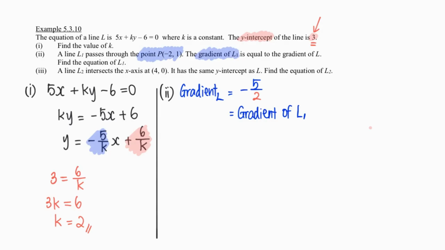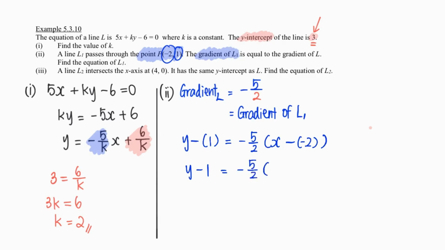So using the approach, I'm going to substitute the gradient and the point into the equation. So y minus y1, in this case is 1, equals to the gradient times x minus x1, in this case is negative 2, so I put a bracket. Y minus 1 is equals to negative 5 over 2.